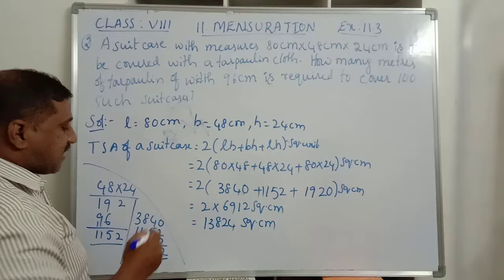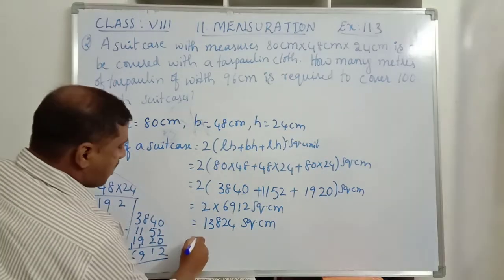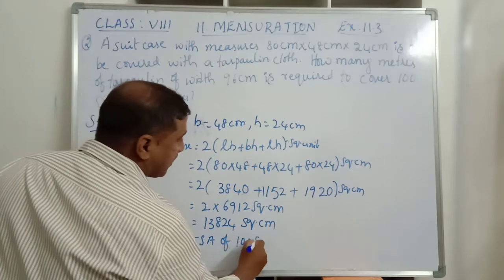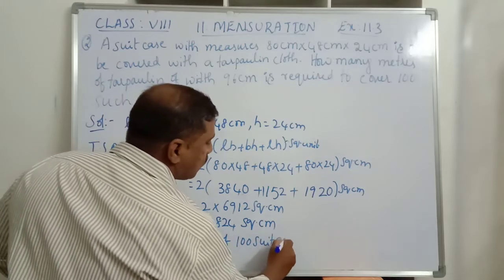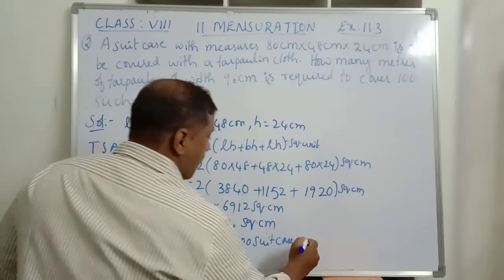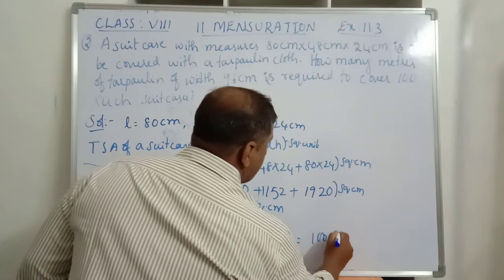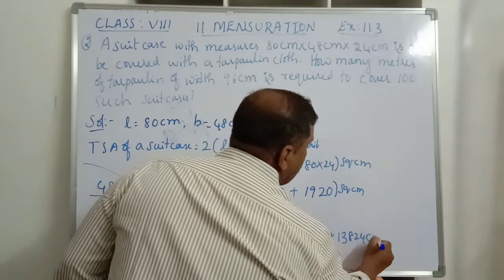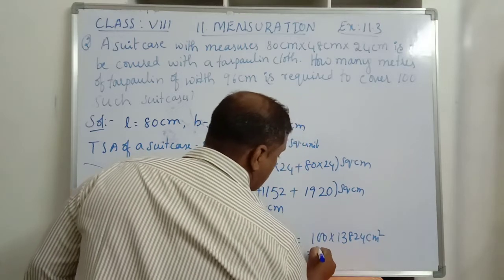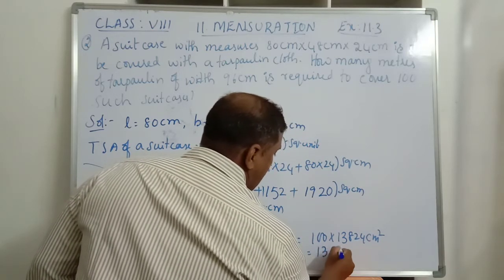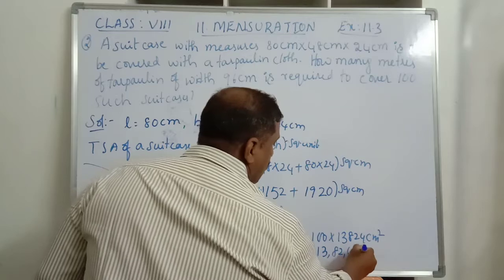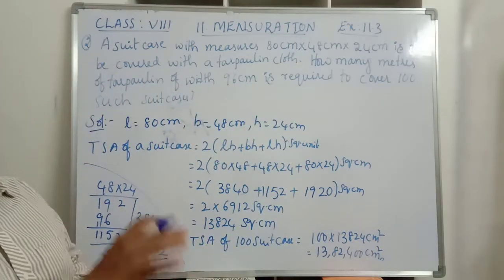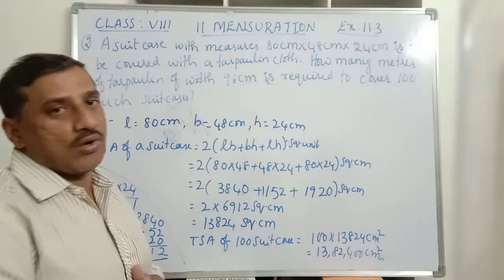How many suitcases are there? 100 suitcases are there. Now TSA of 100 suitcases is 100 into 13,824 square centimeters, which is equal to 13,82,400 square centimeters, the total surface area of 100 suitcases.